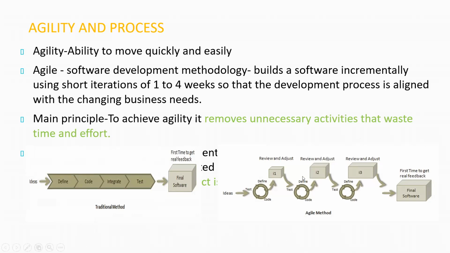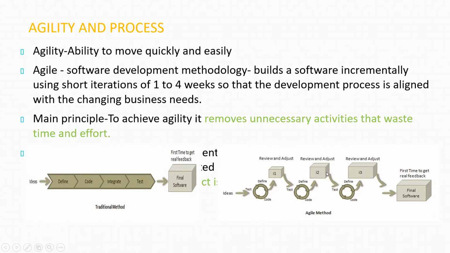Review is nothing but making a testing. After completing the testing, you go for the review, and you adjust whatever you want. And again, the next week you give an idea, you define those ideas, you write the coding, and then you do the testing, and then you review and adjust like that.